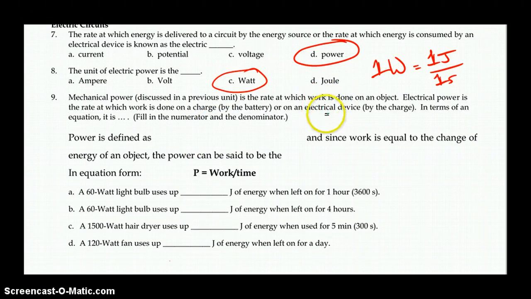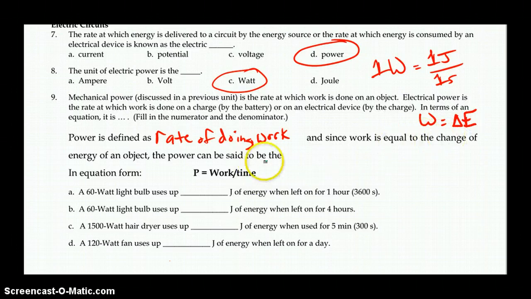A motor might turn it into mechanical energy, etc. So power is defined as the rate of doing work. Now, work is equal to the change delta of energy. So we can also say that power is the rate of energy transfer.